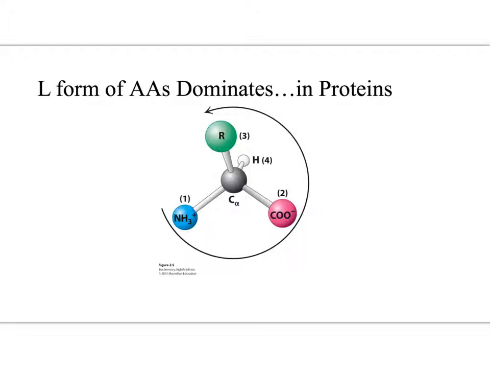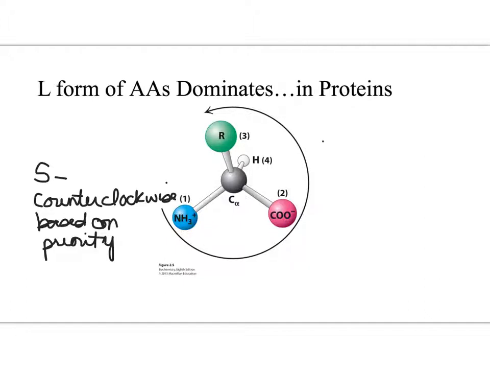So the S version is counterclockwise based on priority, which means then that our R is going to be clockwise in terms of priority. Now, again, we use the D and L version instead of the S and R system. For almost all L forms of amino acids, they actually exist as the S isomer as well.